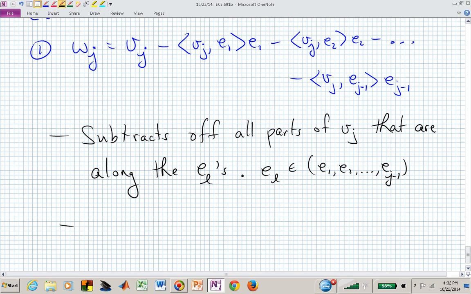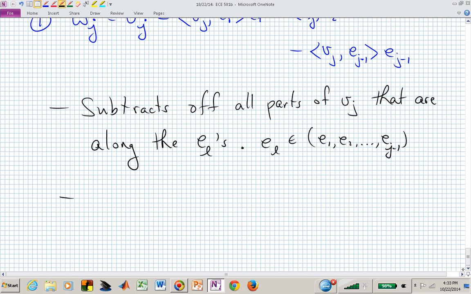And something must be left from this process because the v's are a linearly independent list of vectors. So we are removing up to j minus 1 directions from v sub j, and now we have something left after subtracting off j minus 1 pieces from v sub j.